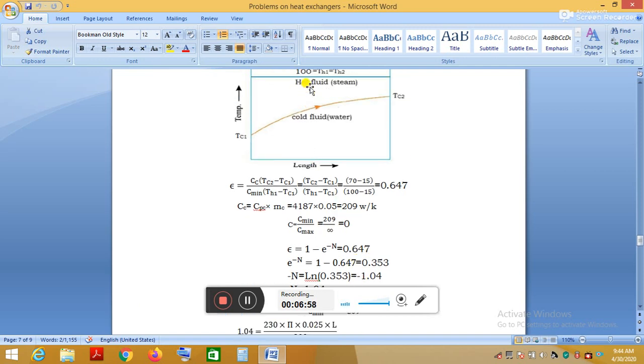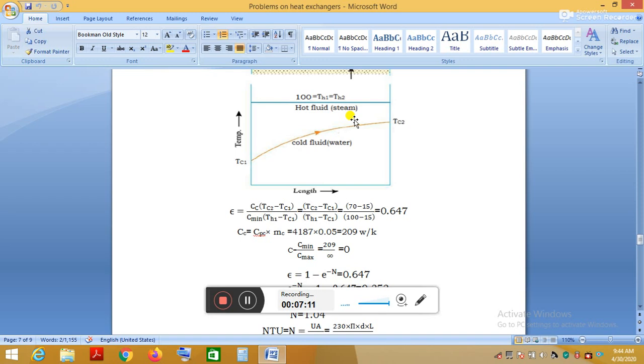But since the hot fluid has the maximum heat capacity and it is unlimited, whatever heat is added at saturation temperature is utilized to undergo phase change, and hence the C_H or C maximum, the heat capacity of the hot fluid, is considered to be infinity, and the heat capacity of the cold fluid is considered to be C minimum.